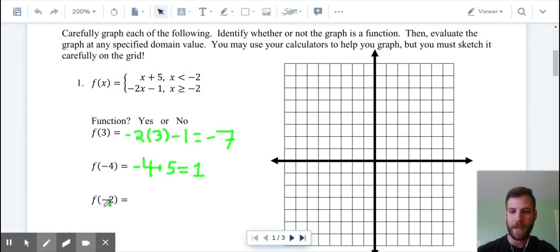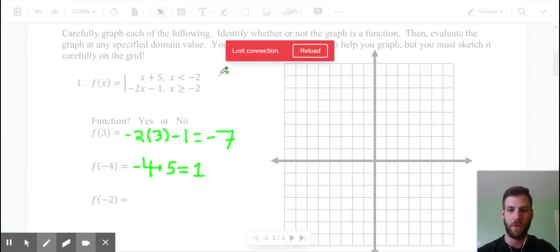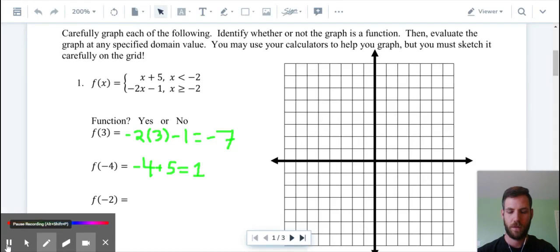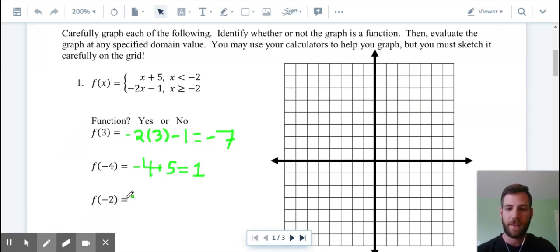Now f of negative 2 is my input, and this is a little tricky because we have to make sure which version negative 2 fits. We have to think about if negative 2 is less than negative 2 or greater than or equal to negative 2.